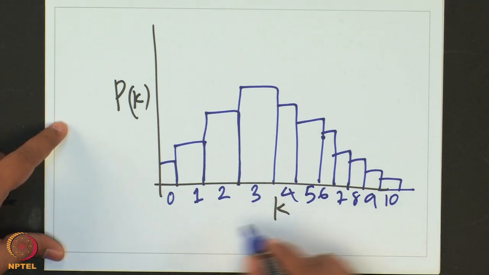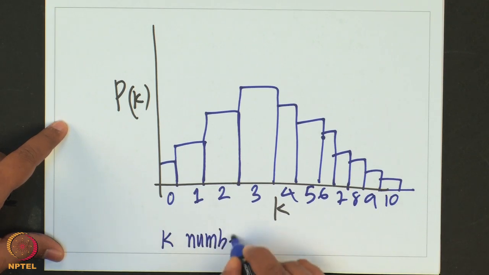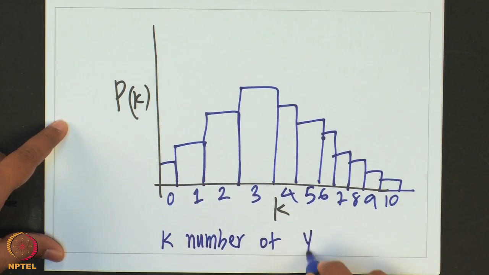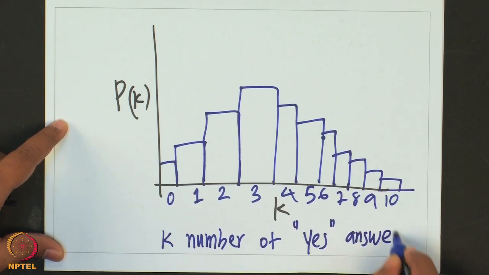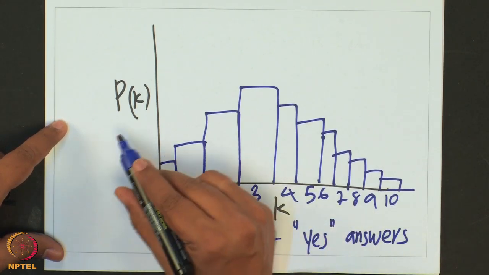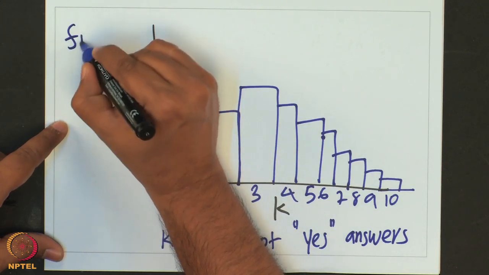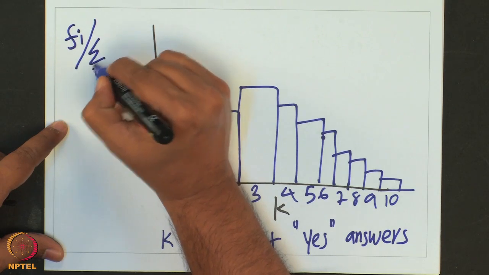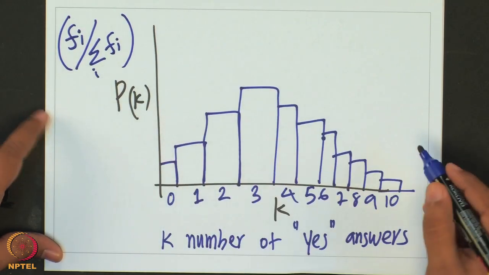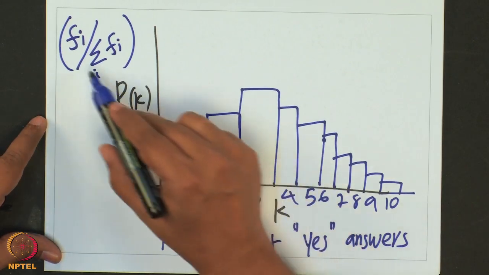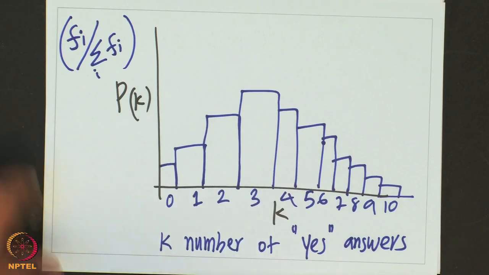So k is the number of yes answers. And this P of k is the frequency, f i divided by the sum over i of f i. So the frequency, how many times I got it, divided by the sum over i of f i. Normalized frequency, there is a probability as we said.